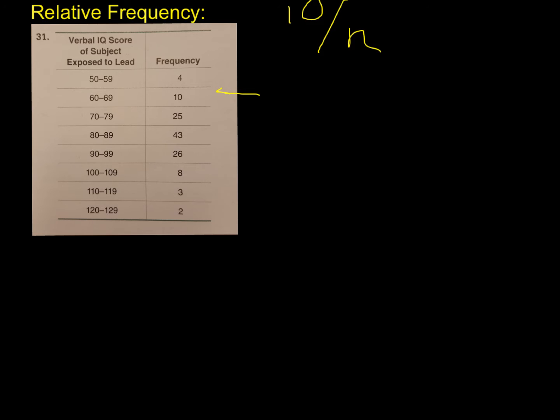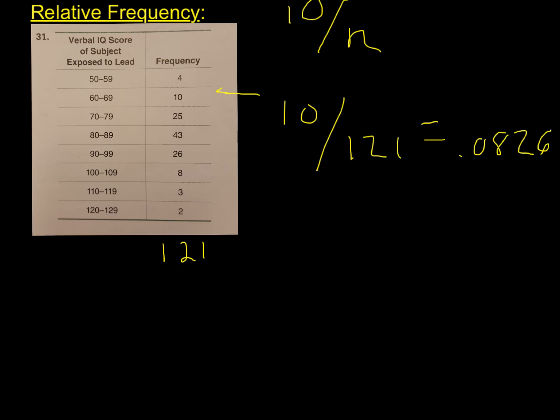In this particular problem, n is the sum of the frequency column, and that happens to be 121. So I would take 10, divide by 121, which gives us 0.0826, which we then multiply by 100, or just move 2 decimal places, and we get 8.26%. So the relative frequency for the 60 to 69 class is 8.2% of the total.